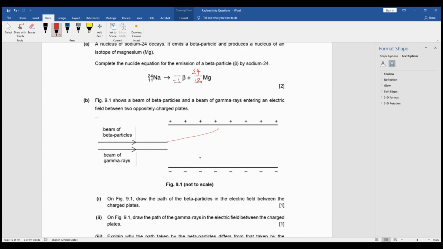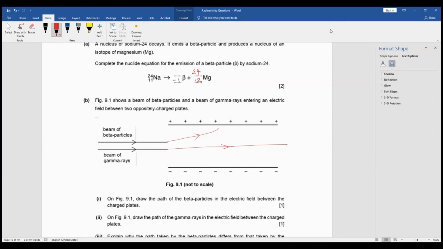So it will just be like that. And for gamma, it will not be affected at all. How am I going to draw my straight line? Very hard to draw. Okay, straight line. I have done this.